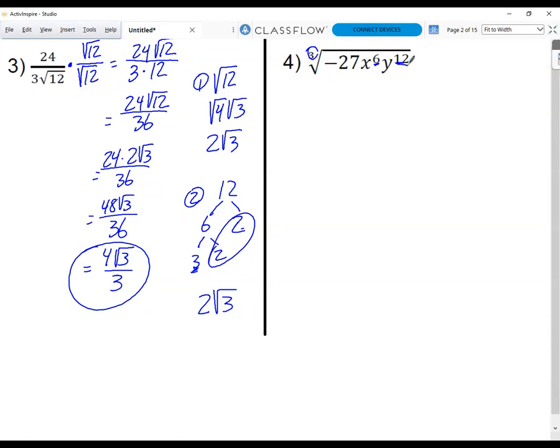So 3 goes into 6 2 times. 3 goes into 12 4 times. So we're looking for something like x squared y to the 4th. But if you work this out, remember you can separate these by using the power rule: the cubed root of negative 27 times the cubed root of x to the 6th times the cubed root of y to the 12th.